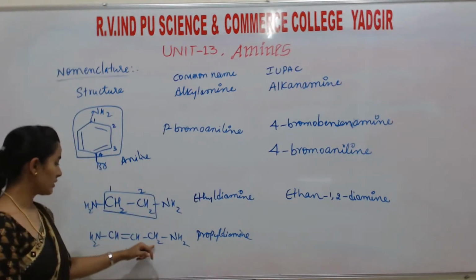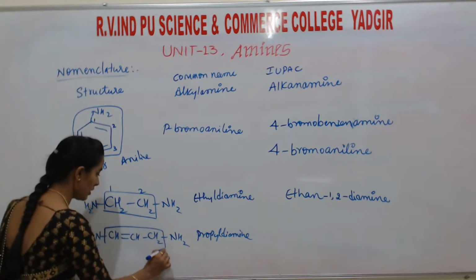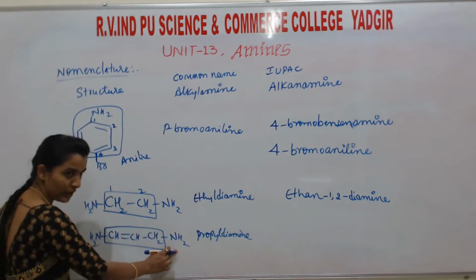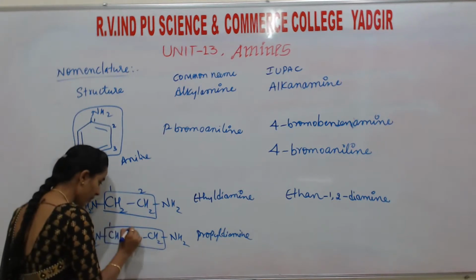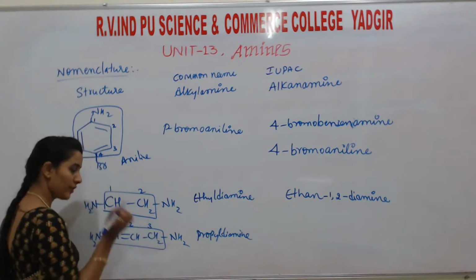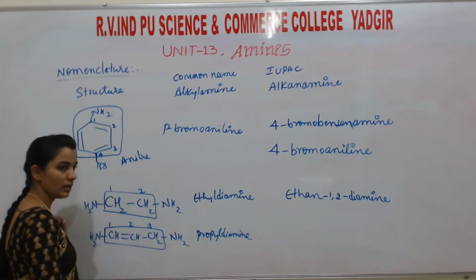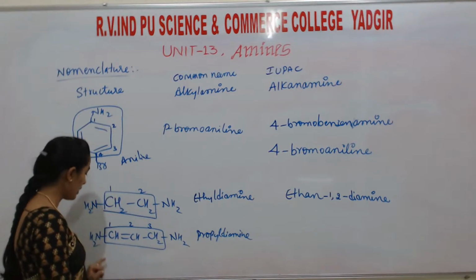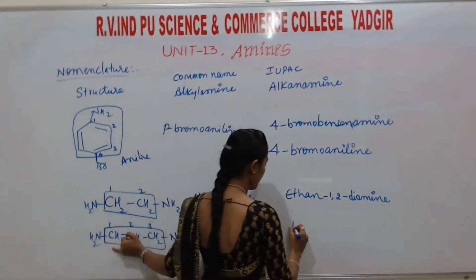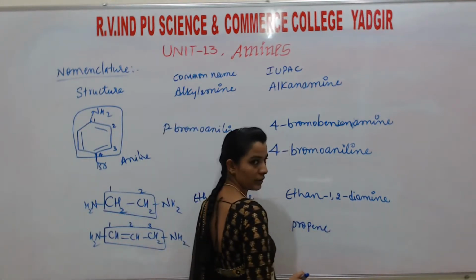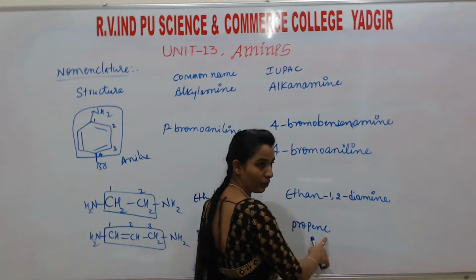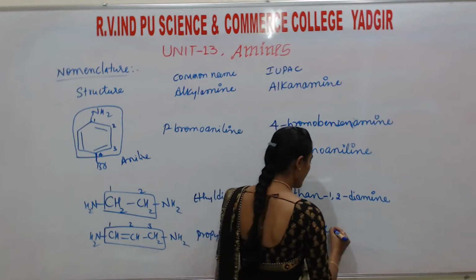Next, here you consider this is the parent chain. 2 NH2 groups are there. At the same time, double bond is there. So numbering is done from here. Preference should be given to the double bond as well as the functional group. So then what happens? This becomes propene. Correct? Propene, diamine is there.